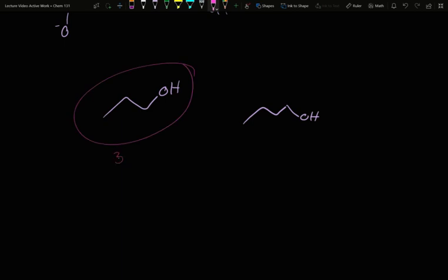Proportionately, it's 3 carbons to 1 OH versus 4 carbons to 1 OH. So just by comparing the two, we see that butanol is more nonpolar. Well, the more nonpolar thing should be less soluble in water, so propanol is more water soluble.